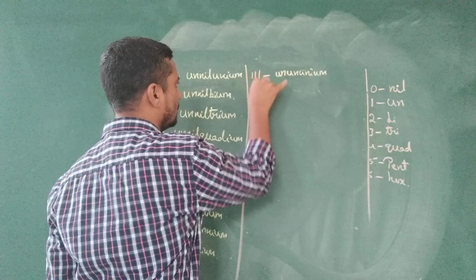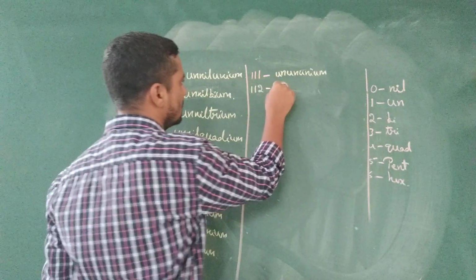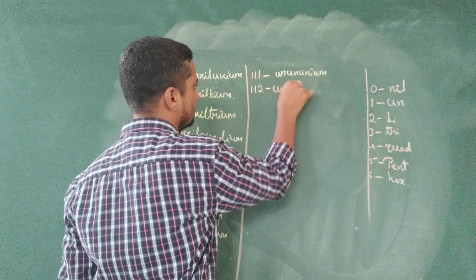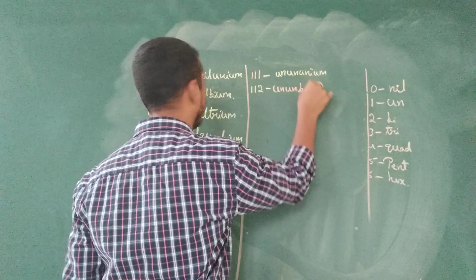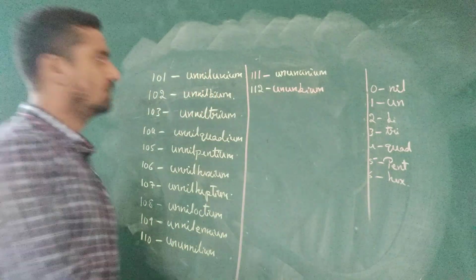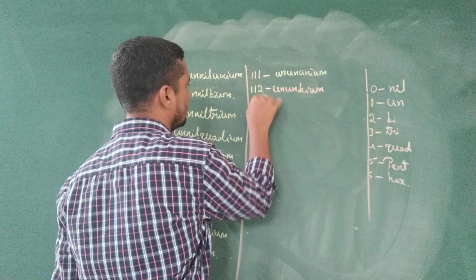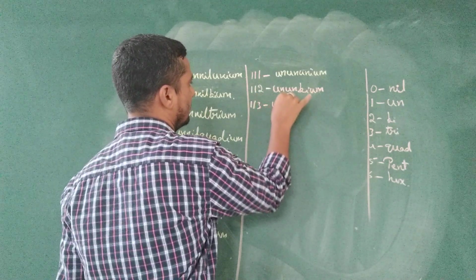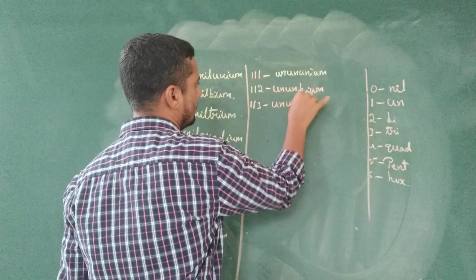We'll go for 112, right? If you write 112, that is bium, right? If you go for 113, that is untrium.